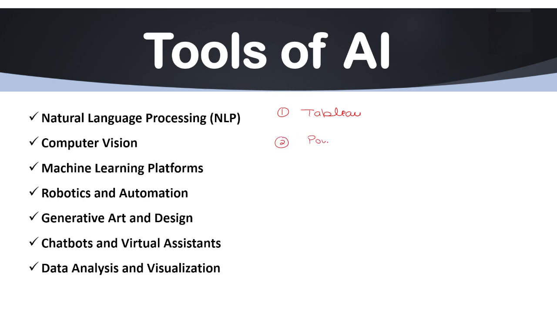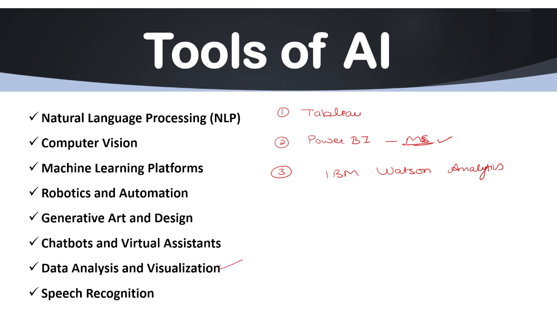Another is Power BI. It is by Microsoft. Okay, Microsoft's business analytics service with AI capabilities. Third we have is IBM's Watson Analytics. Microsoft, IBM and Google have developed tools with artificial intelligence to analyze and visualize data. Next we have speech recognition.